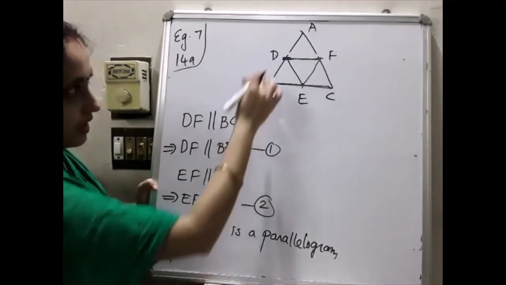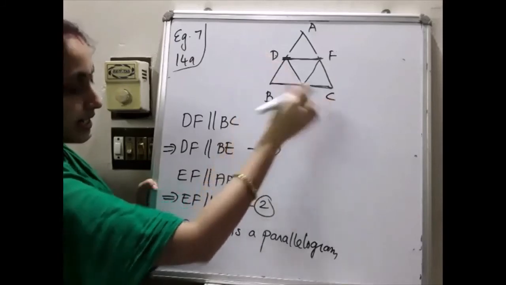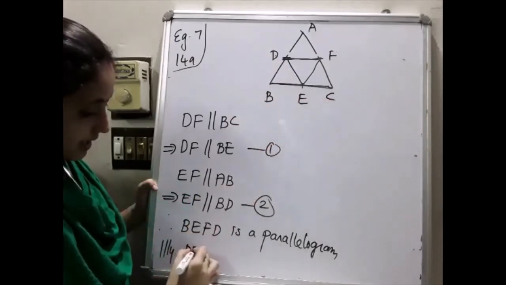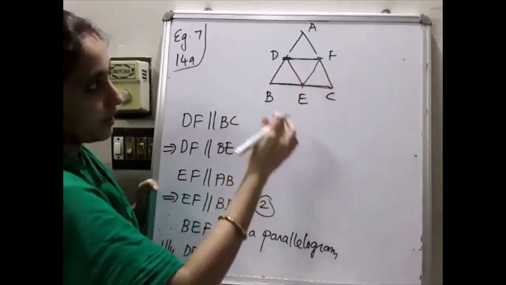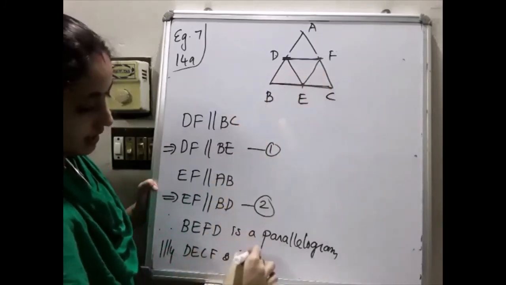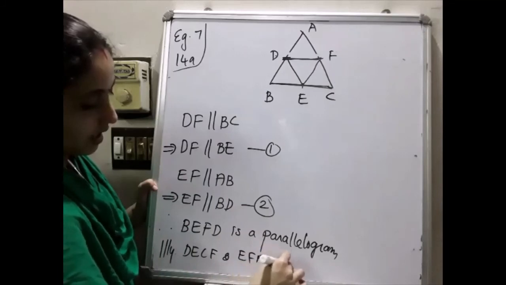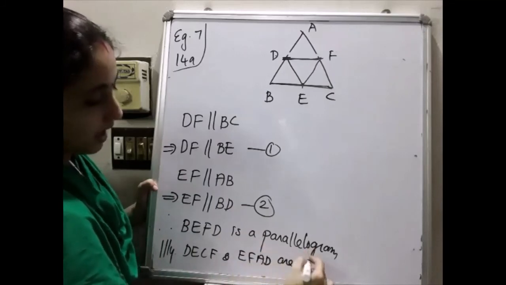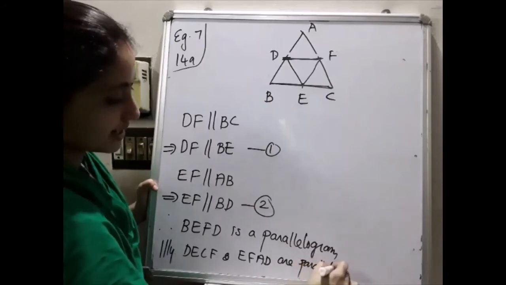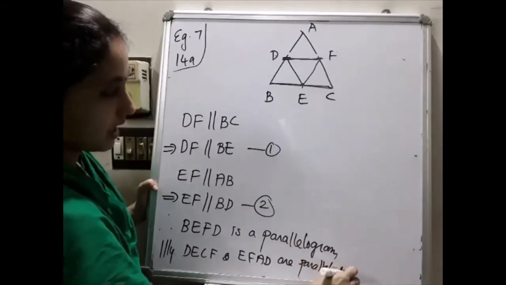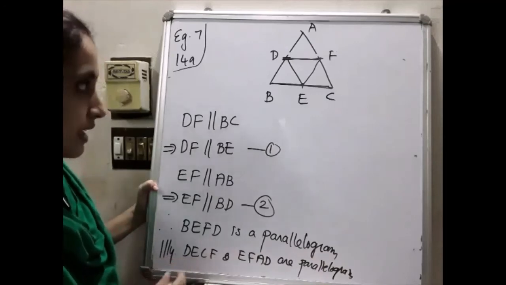Similarly, also, no need to write all the steps. Similarly DECF, and another one is EFAD, are parallelograms. When this question is asked in the exam also, you have to write like this. Okay, that much note.